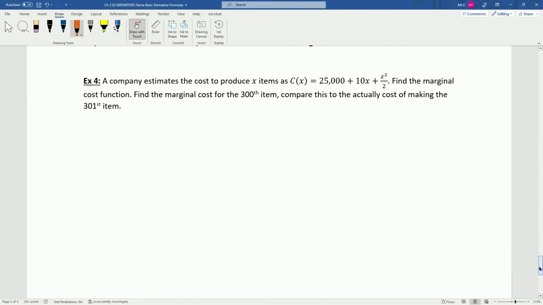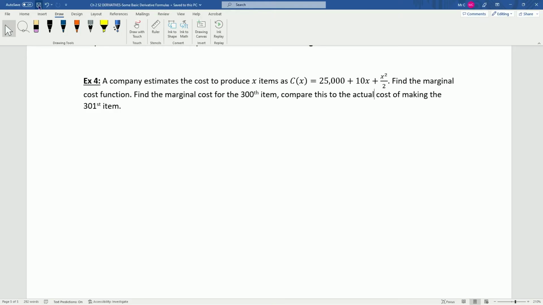So a company estimates the cost to produce x items as C of x equals 25,000 plus 10x plus x squared over 2. Find the marginal cost function. Then find the marginal cost for the 300th item and compare this to the actual cost of making the 301st item.